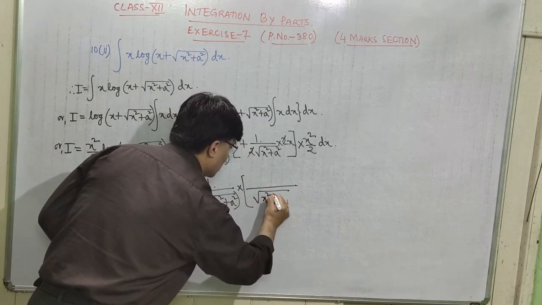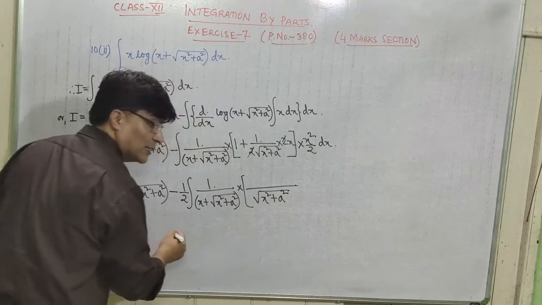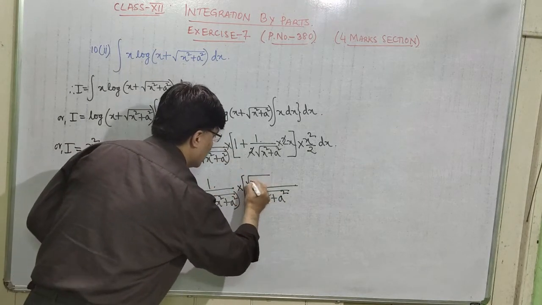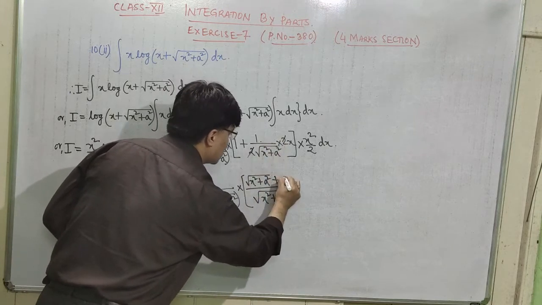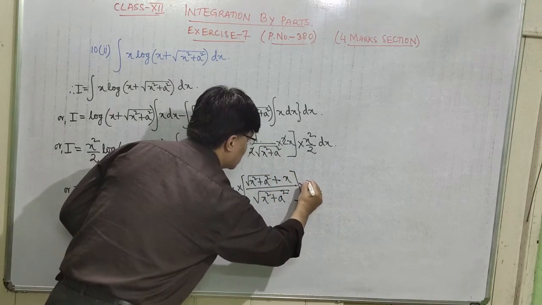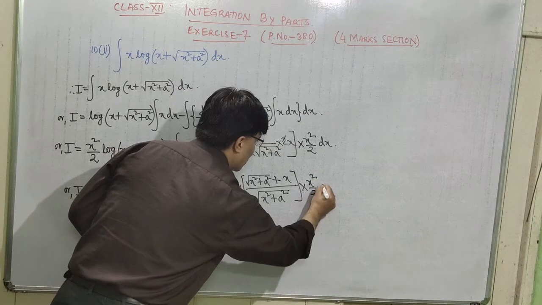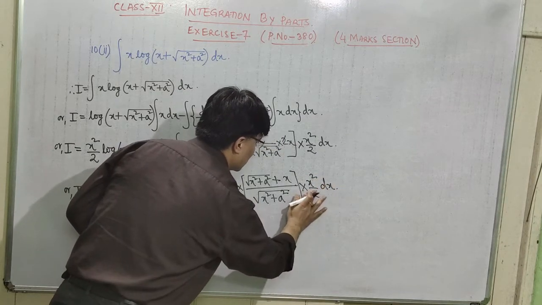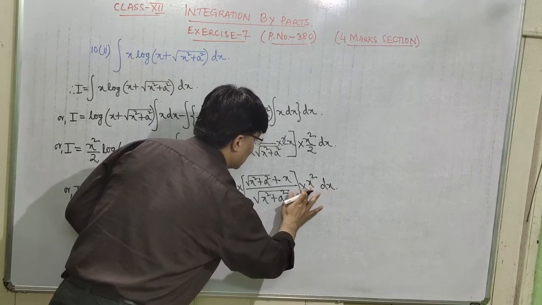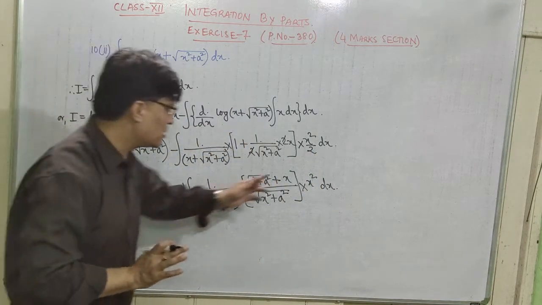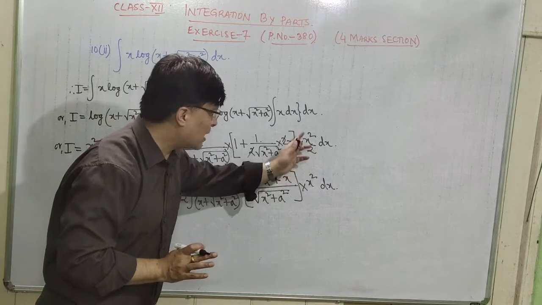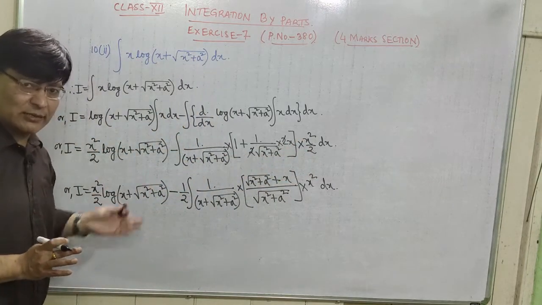It is root over x square plus a square is the LCM. So numerator will be root over x square plus a square plus 1 into x is x, third bracket closed, into x square by 2, then dx. Okay, 2 is taken outside, isn't it? This half is taken outside here.